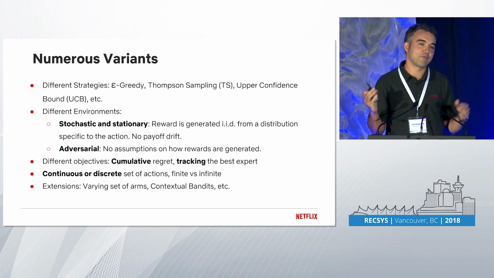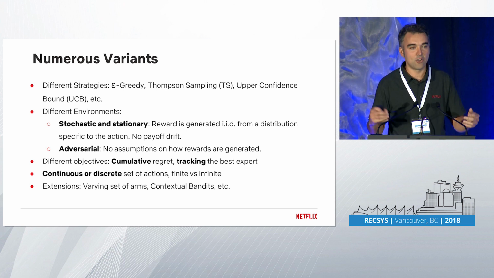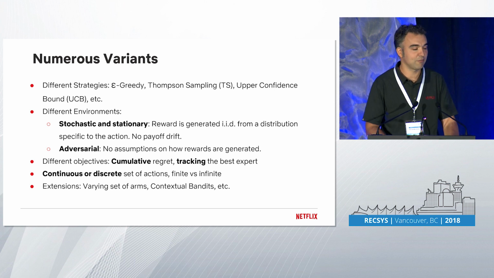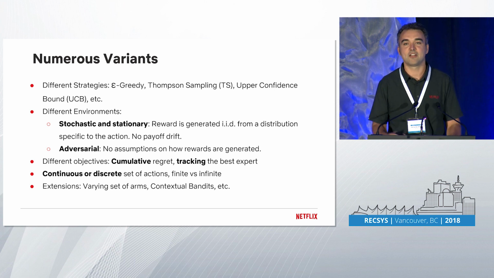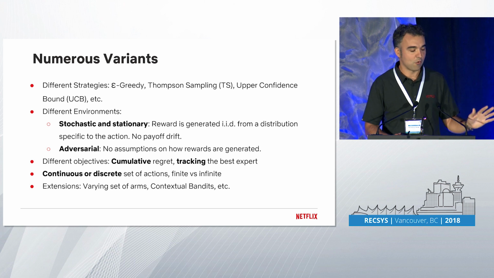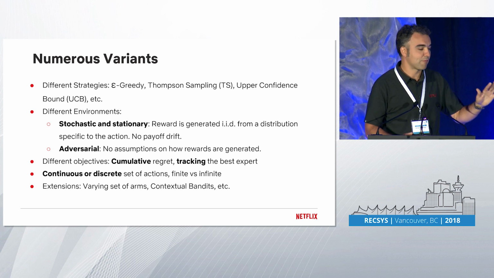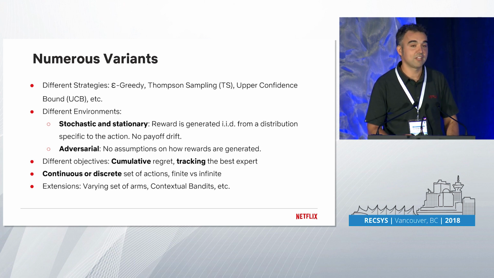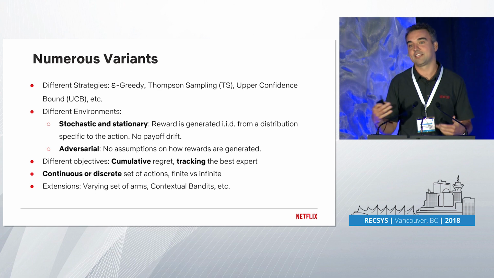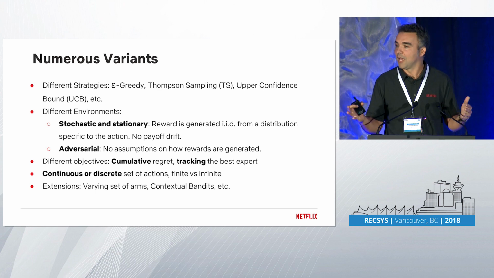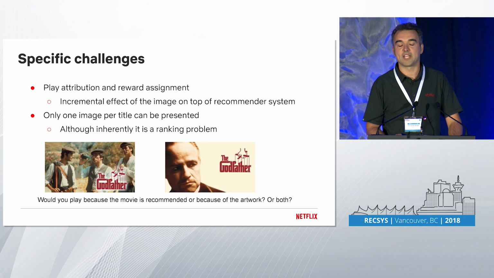You can define different environments, as I said, the objective. You can even have a continuous set of actions instead of discrete, or changing number of arms, which is important for us. But I won't go into those things. I will try just to explain some of the details or concrete things related to this application.